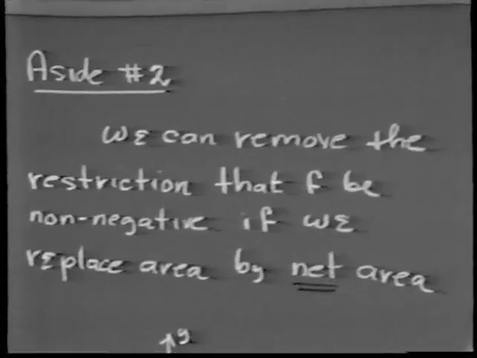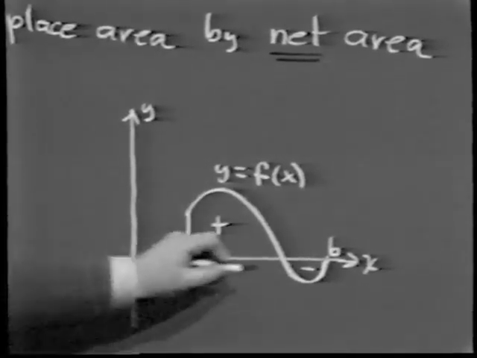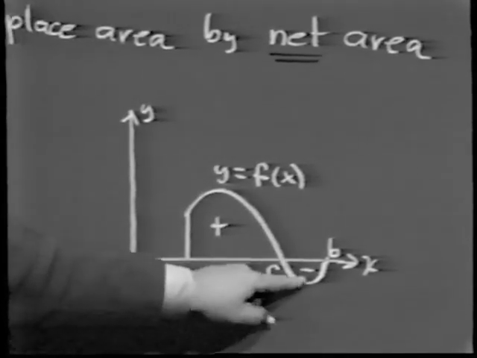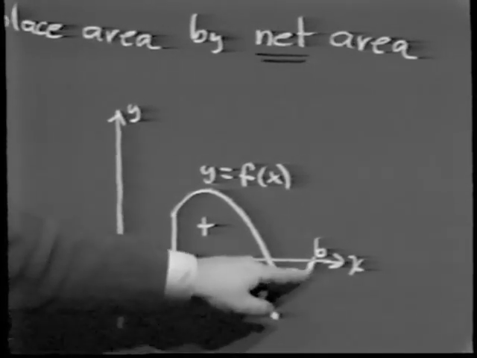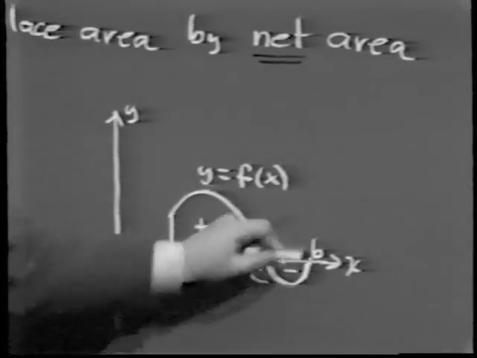In other words, all I want you to see here is that if my region happens to look something like this, notice that between C and B, f of x is negative. Consequently, when I form things of the form f of x times delta x, with delta x being positive and f of x being negative, that is going to give me a negative result.